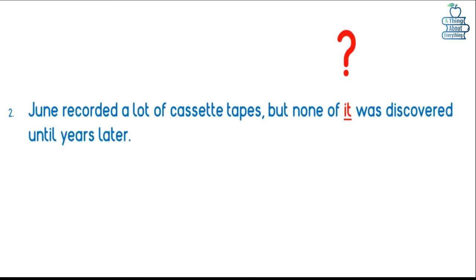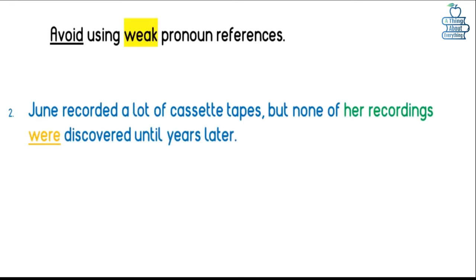What exactly does the pronoun it refer to? Again, we should revise the sentence to avoid this type of error. We can change the sentence to June recorded a lot of cassette tapes, but none of her recordings were discovered until years later. Now, the weak pronoun reference has been eliminated.